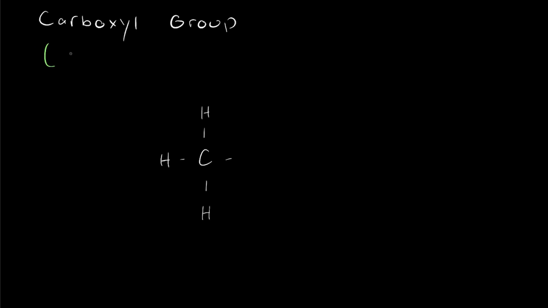The next group is the carboxyl group. It's written as COOH, which would make one think that it's C, O, O, H, right? And there should be no problems with this. But not really. Remember that carbon has a need to form 4 bonds, which means that we're missing 2 here.